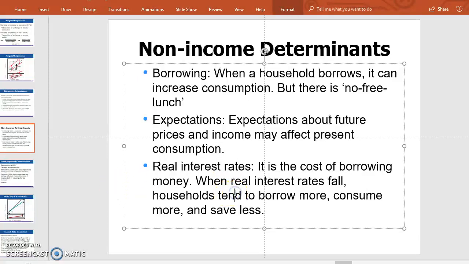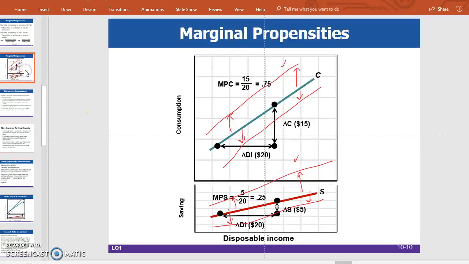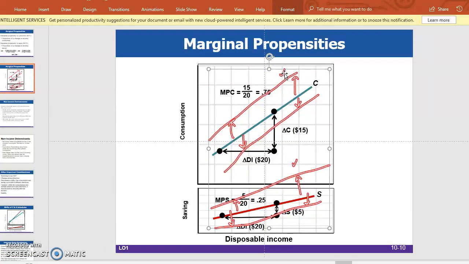So when real interest rates fall, cost of borrowing money falls, becomes cheaper. So households tend to borrow more, consume more, and then save less. And as a result, what happens? Looking back at this line, we can say that when interest rate goes down, people consume more. So we will have a situation like this, where the savings curve jumps up, right?